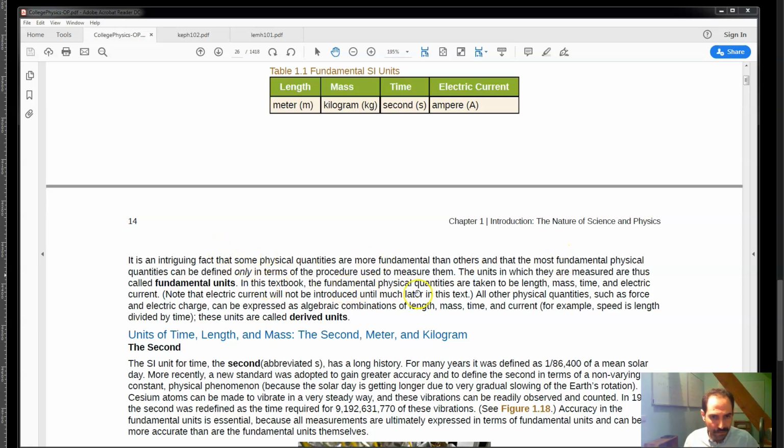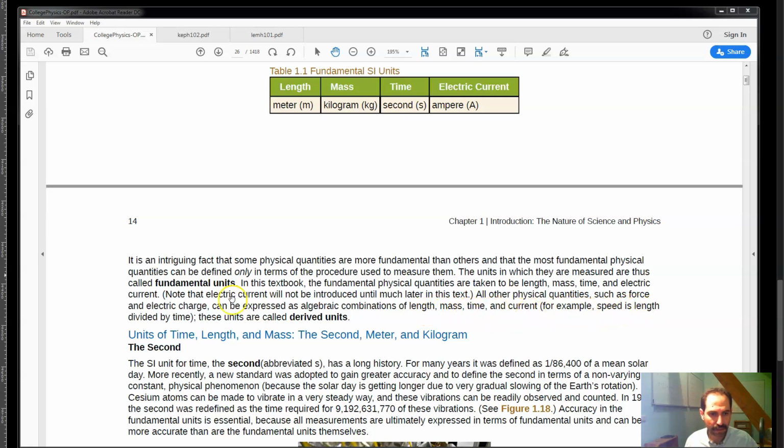Now, in this textbook, the fundamental physical quantities are taken to be length, mass, time, and electric current. Note that electric current will not be introduced until much later in this text. All other physical quantities, such as force and electric charge, can be expressed as algebraic combinations of length, mass, time, and current.